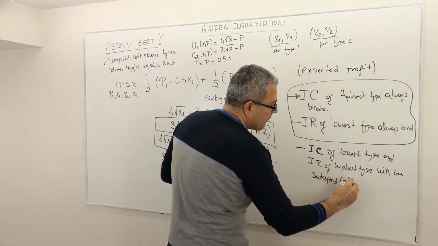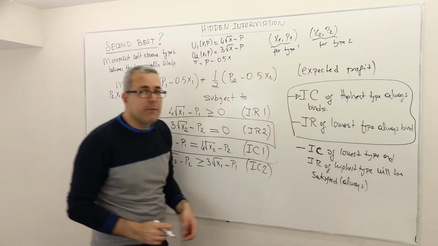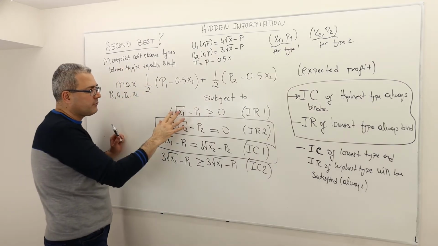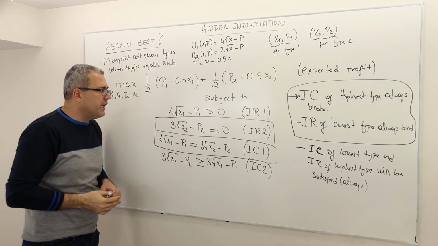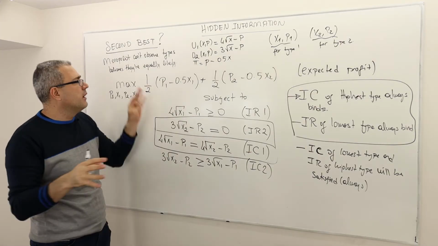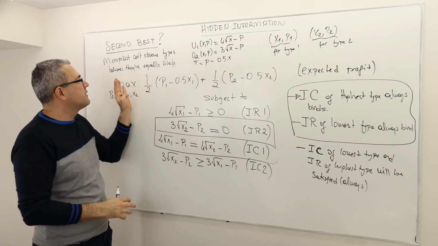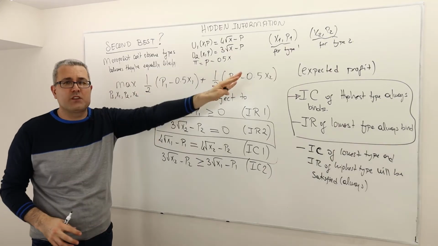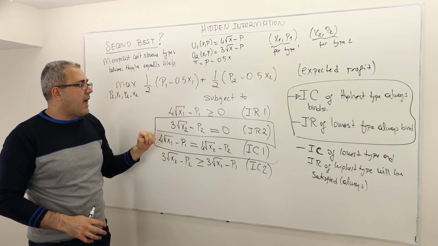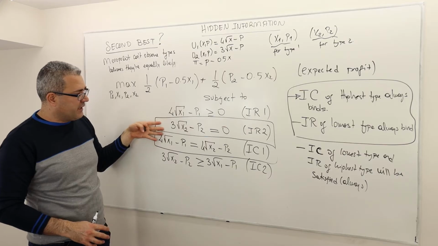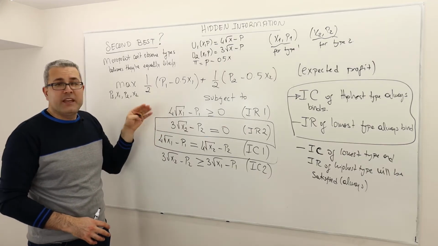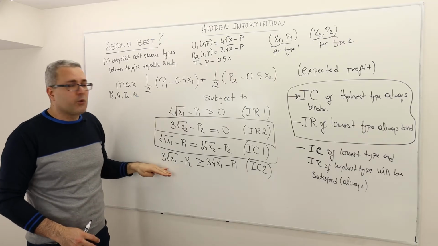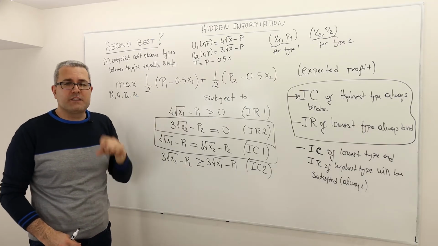That means the IR1 constraint will always be true, meaning whatever x1, p1 value solves this optimization problem, where they satisfy these two constraints, this constraint will be satisfied. Same for IC2. This will also be satisfied.